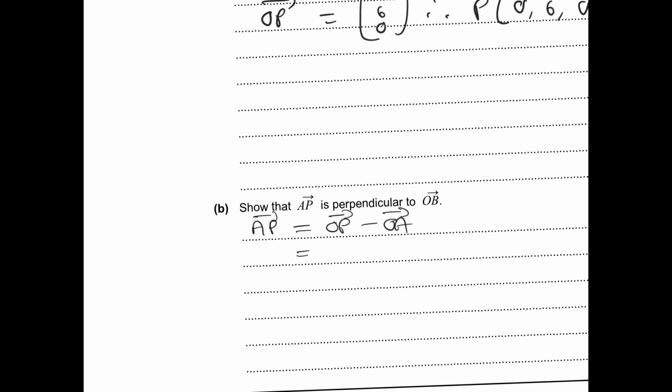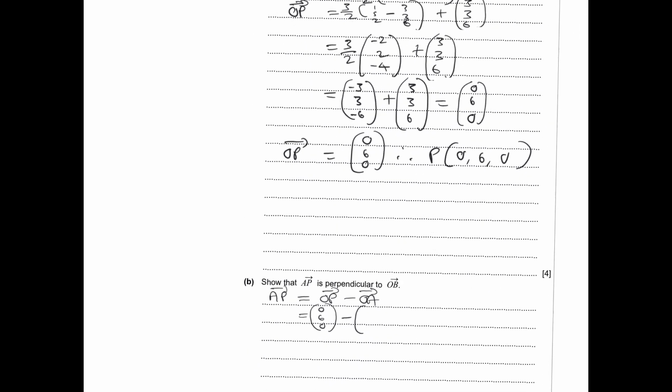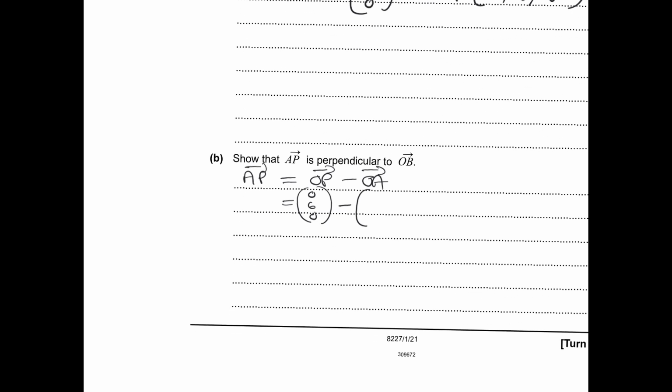So OP is (0, 6, 0) minus OA, which is given as (3, 3, 6). If we simplify that, 0 minus 3 we get negative 3, 6 minus 3 that's 3, and 0 minus 6 gives negative 6. So that's my AP.